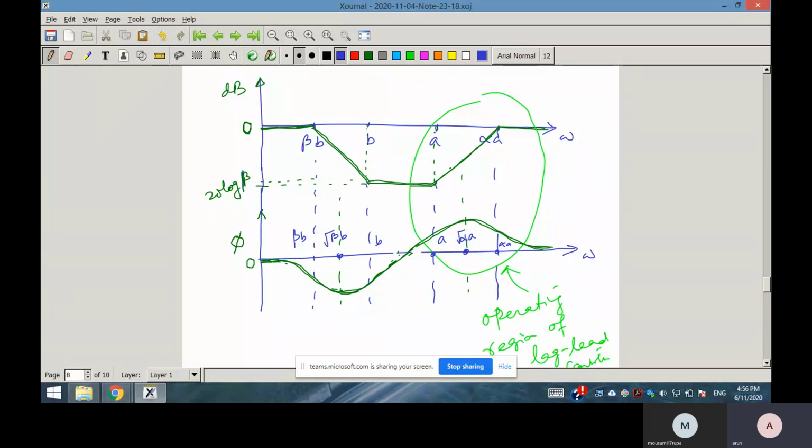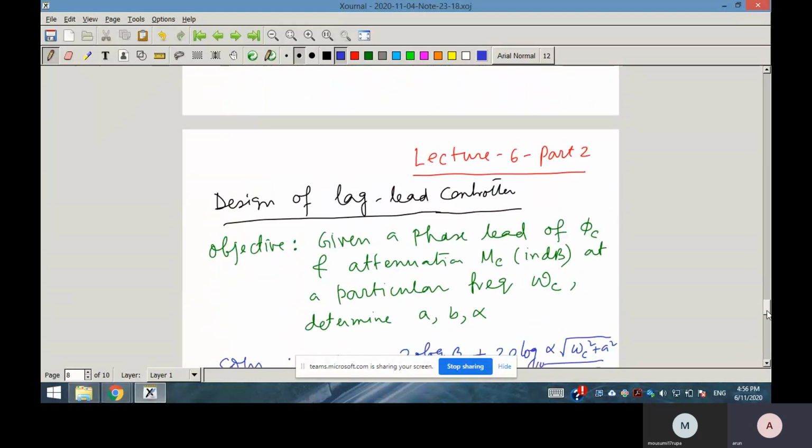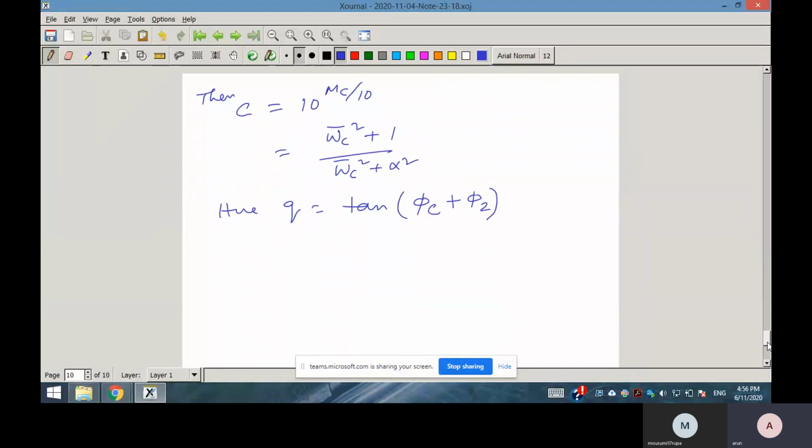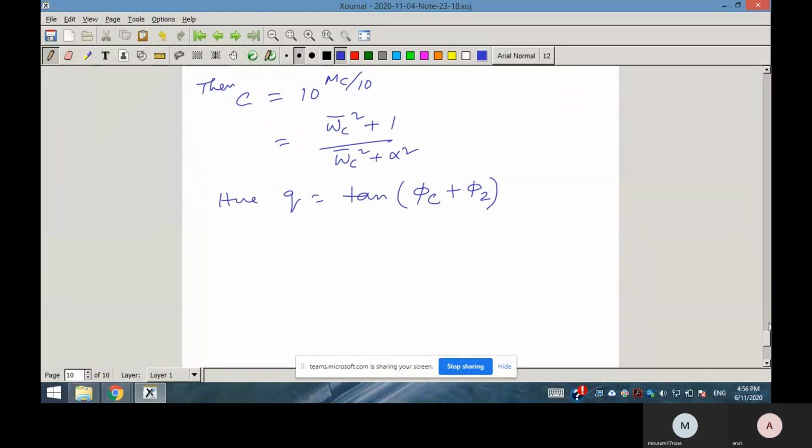But if B and A are not too far away, then whatever phase lead we expect from the lead part only, some amount of negative phase will be provided by the lag part also, because at that time the lag part phase will not become zero. So that's why a little bit of additional phase we have to provide, so as to nullify the phase lag given by the lag part.